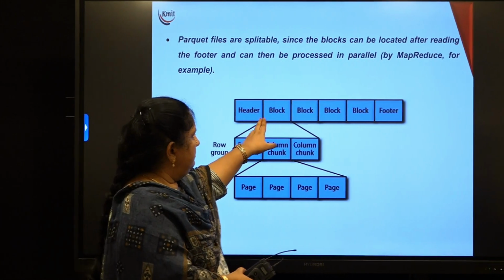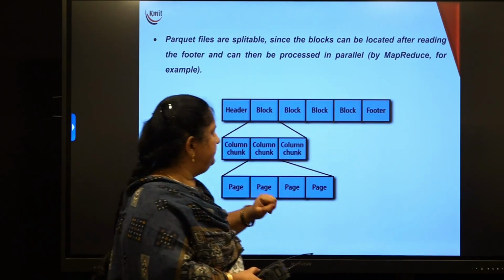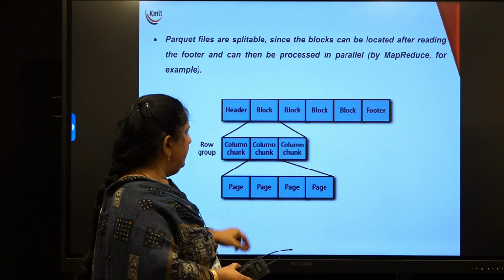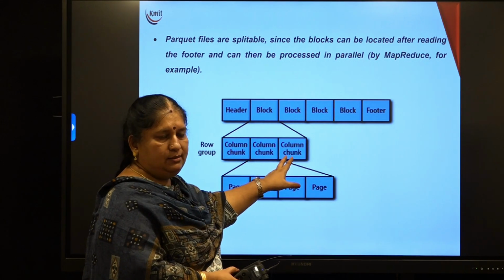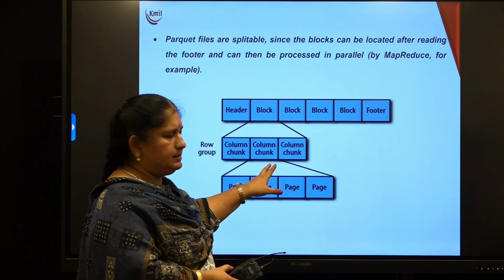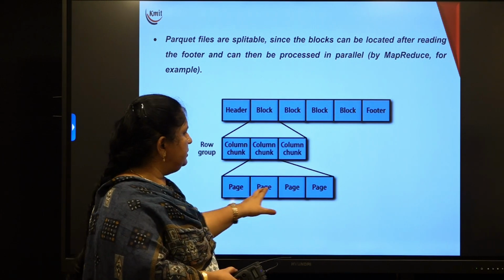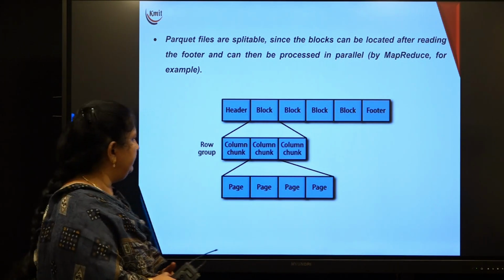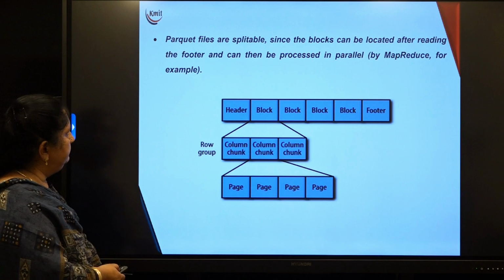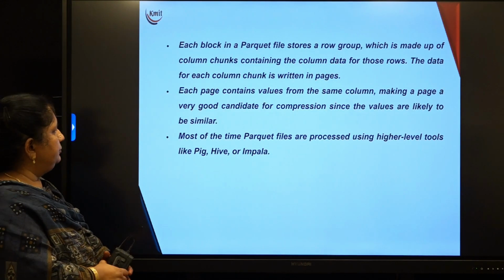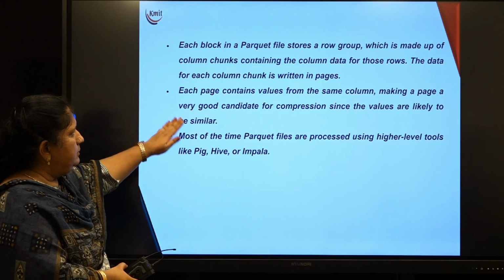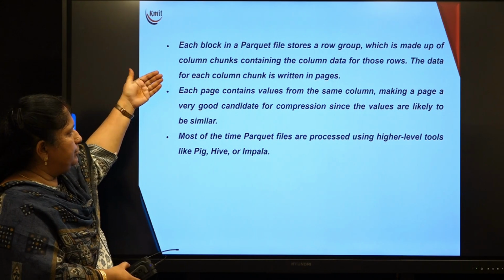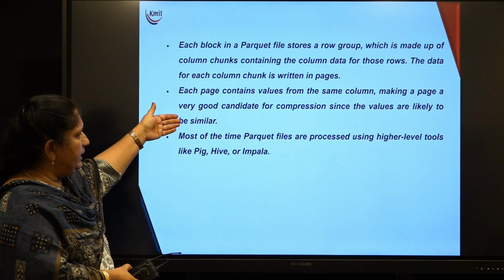Header, blocks, footer. What does a block contain? Only column chunks, nothing else, no sync markers, nothing. Again, every column chunk will have pages of data. So this is the description of what each row group is storing and what each page will be maintaining.